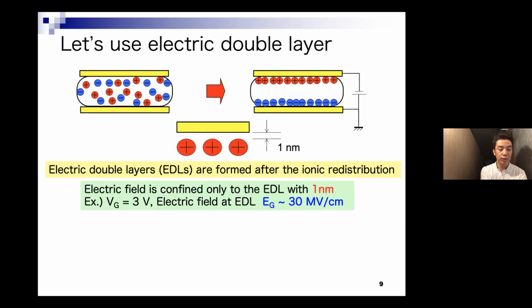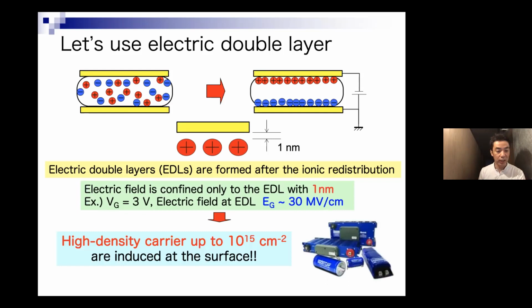So if we apply 3 volts to the system's electrolyte, the electric field at the electric double layer becomes 30 megavolt per centimeter. Using this extremely high electric field, a high density of carriers, up to 10 to the power 15, are induced at the surface of the electrode.